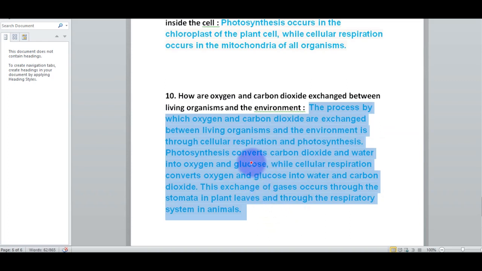The process by which oxygen and carbon dioxide are exchanged between living organisms and the environment is through cellular respiration and photosynthesis. Photosynthesis converts carbon dioxide and water into oxygen and glucose, while cellular respiration converts oxygen and glucose into water and carbon dioxide. This exchange of gases occurs through the stomata in plant leaves and through the respiratory system in animals.